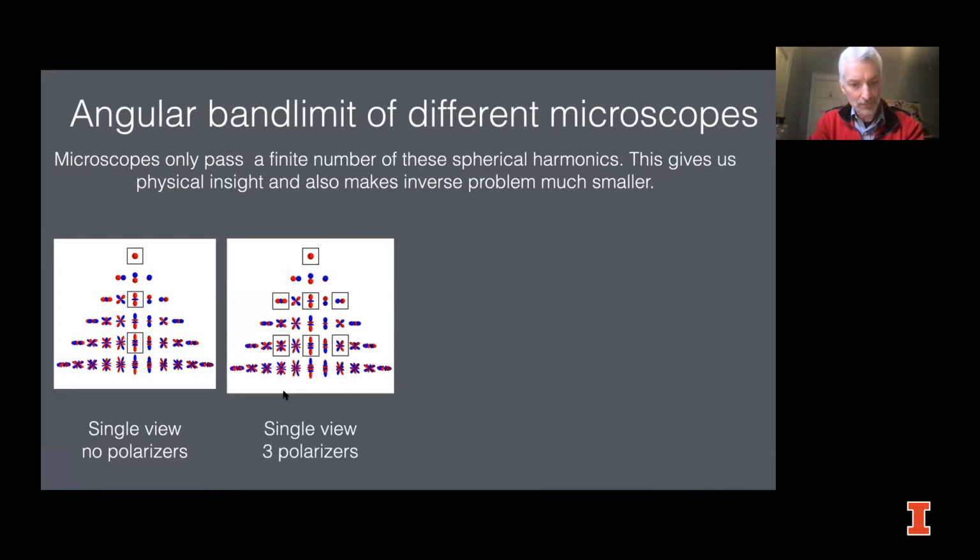Okay, if you add polarizers, if you pick up 3 polarizer settings, then we do expand the angular pass band of this microscope. We pick up these extra spherical harmonics, okay?